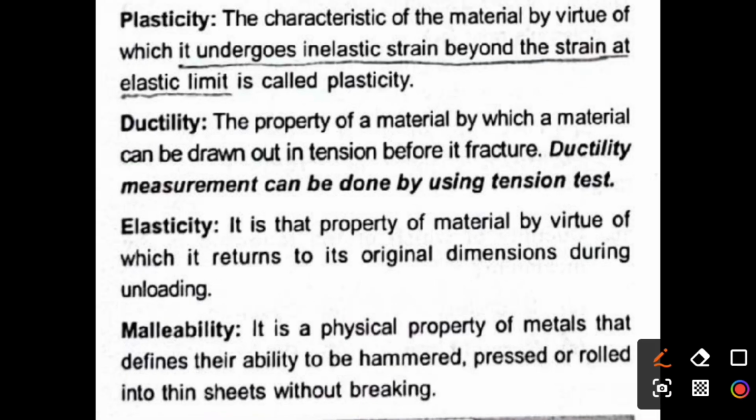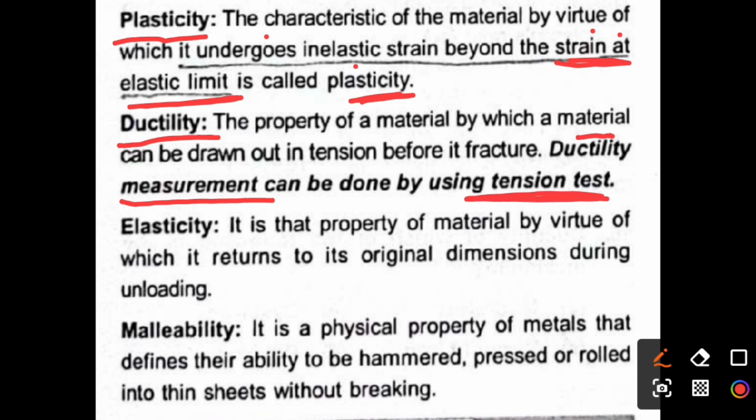Here are the definitions. Plasticity means the characteristic of a material by virtue of which it undergoes inelastic strain beyond the strain at the elastic limit. The next one is ductility. Ductility means the property of the material by which it can be drawn out in tension before fracture. Ductility can be measured by the tension test.